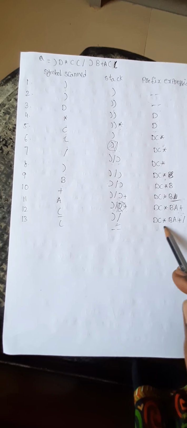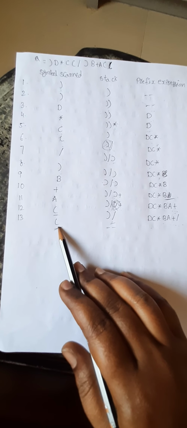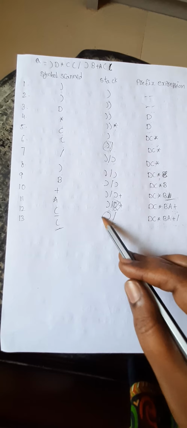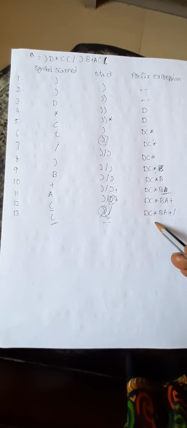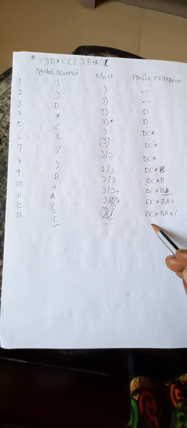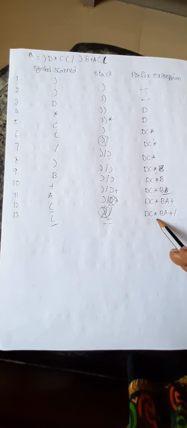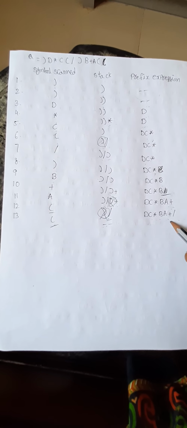Now DC multiplication, BA plus, division symbol, and again the left parenthesis has been encountered, so the right parenthesis will be removed from the stack. Now the final expression is, this is the prefix expression, that is DC multiplication, BA plus division. This is the final prefix expression.